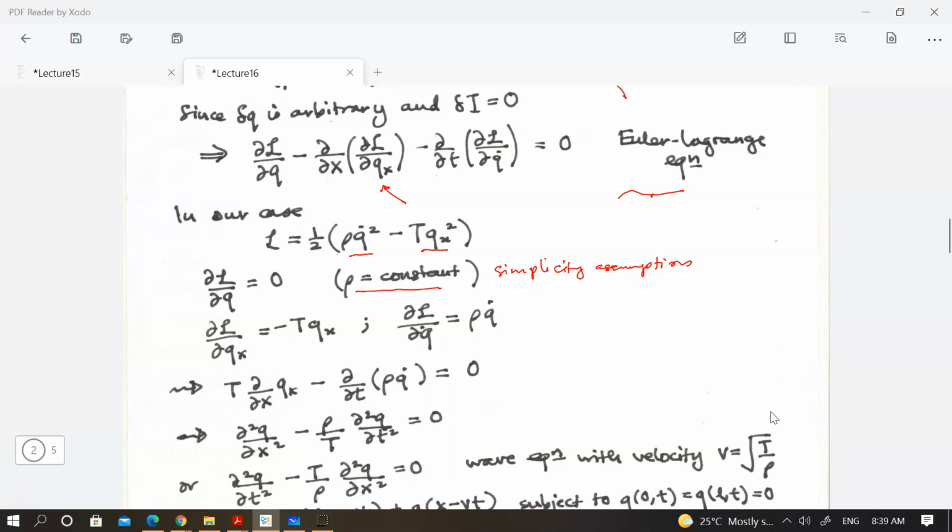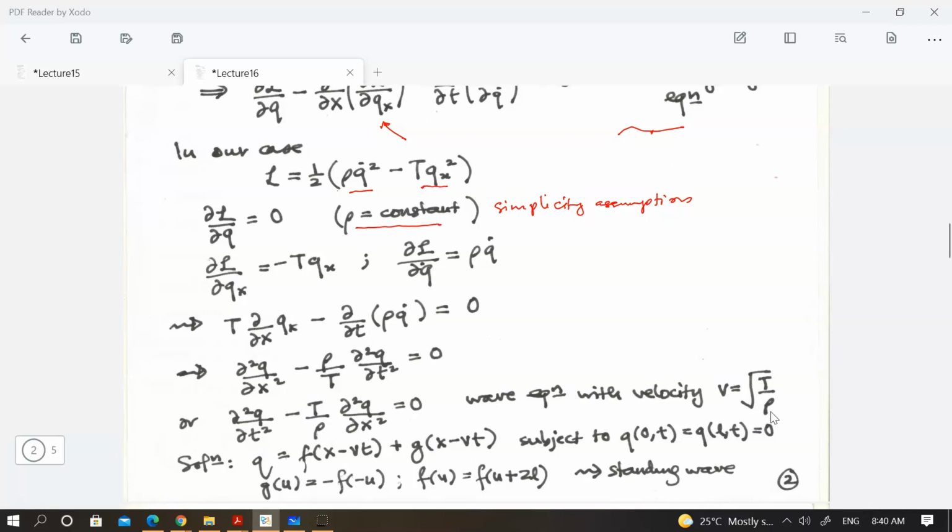Okay, so you plug into this Euler-Lagrange equation, then you have t times partial Qx, partial x, minus the derivative with respect to time of rho Q dot. And remember that your Qx is simply partial Q, partial x. So now you have d dx of Qx, so that will give you a second order derivative.